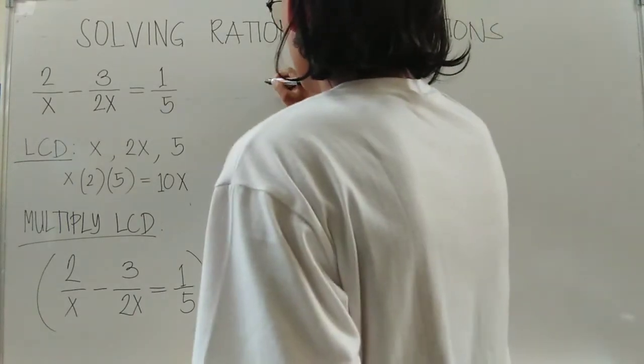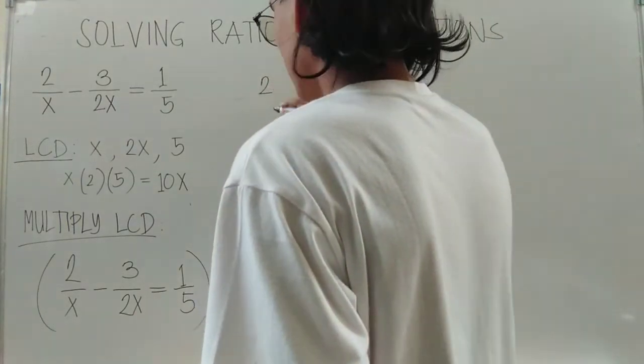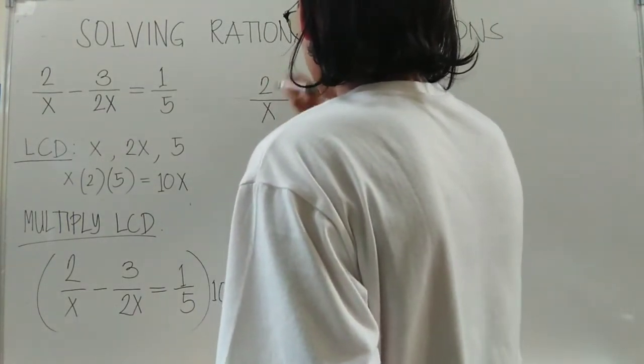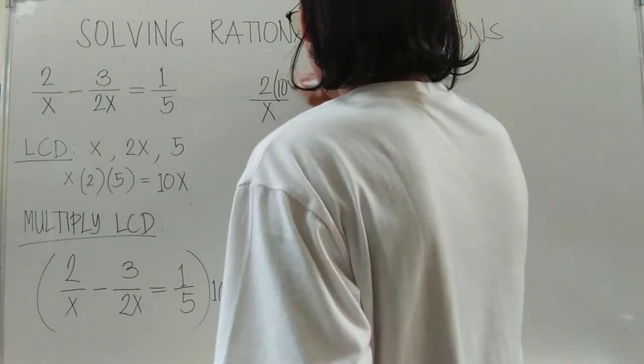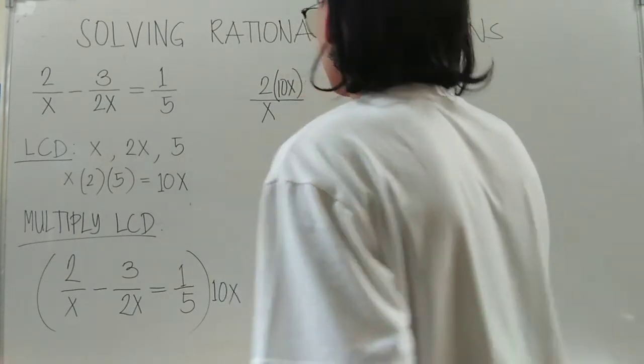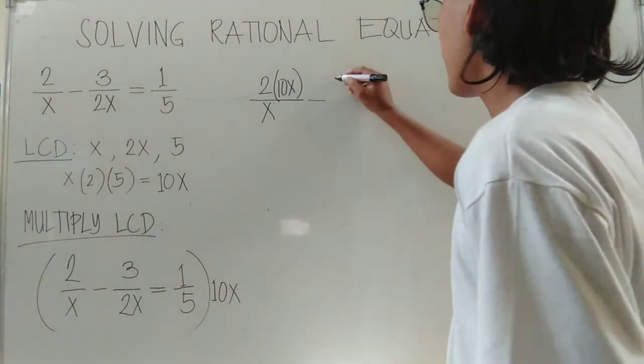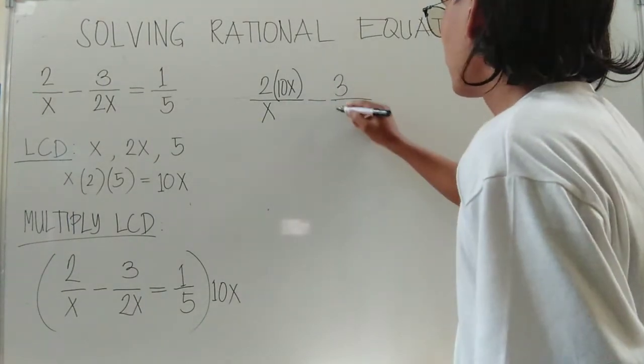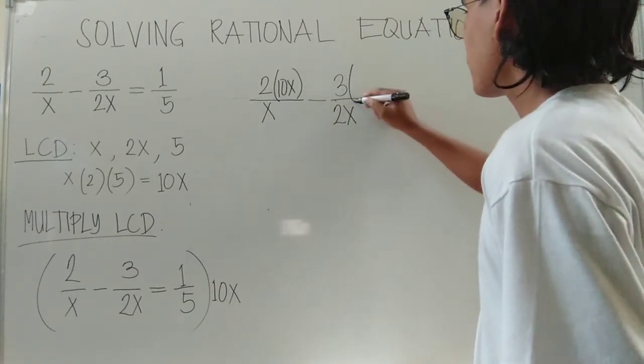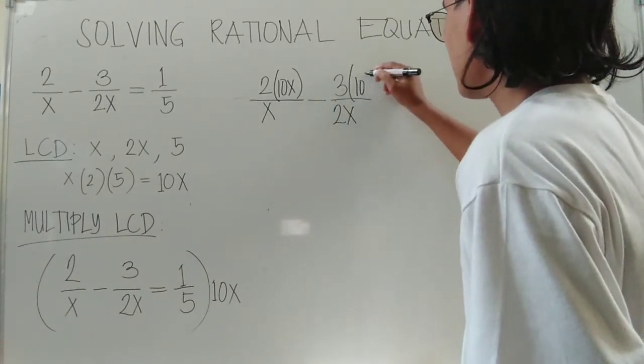So we have 2 over x times 10x, then minus 3 over 2x, multiplied to your numerator.